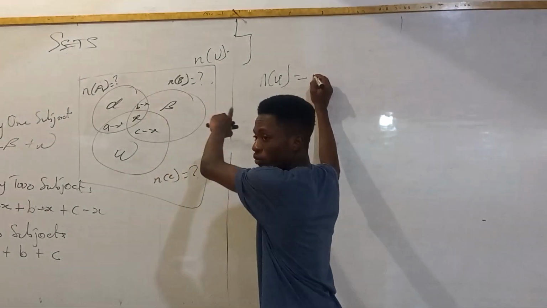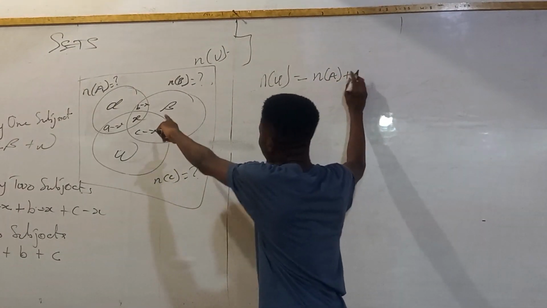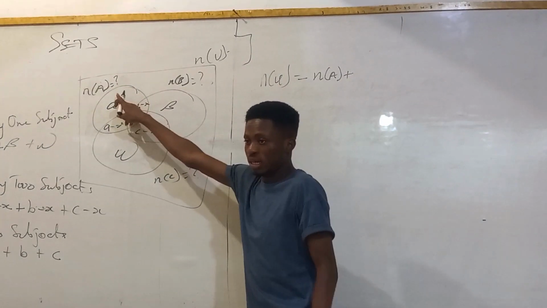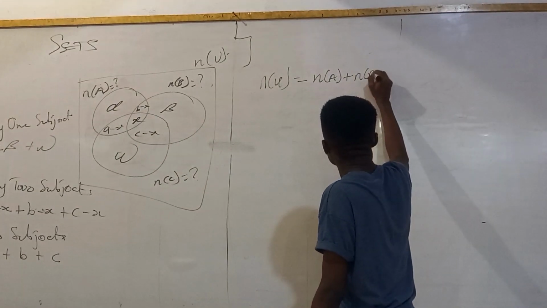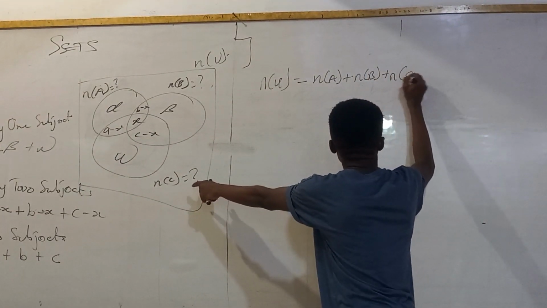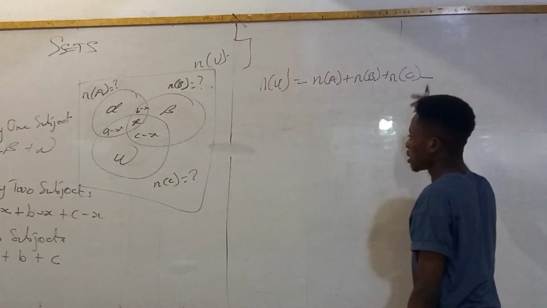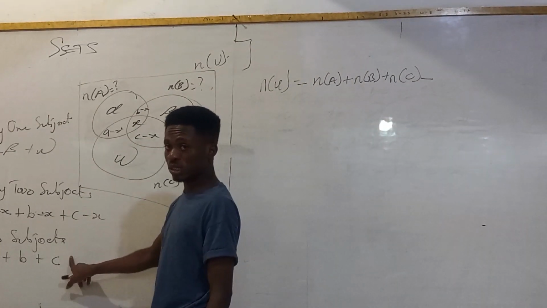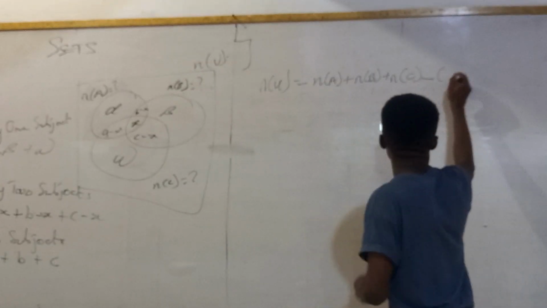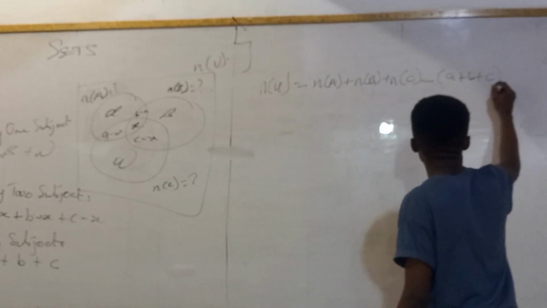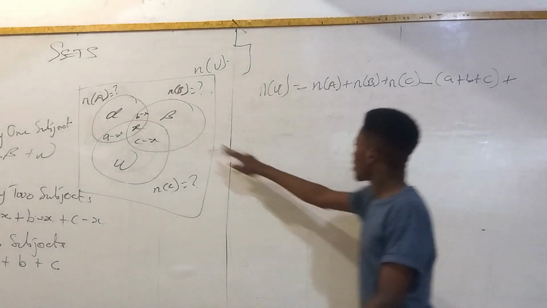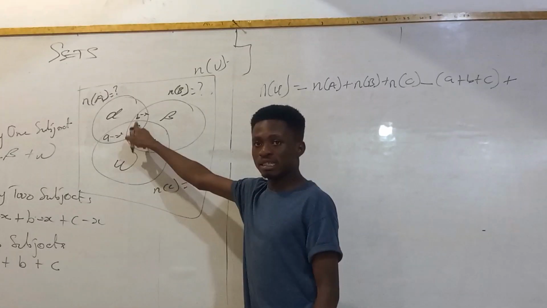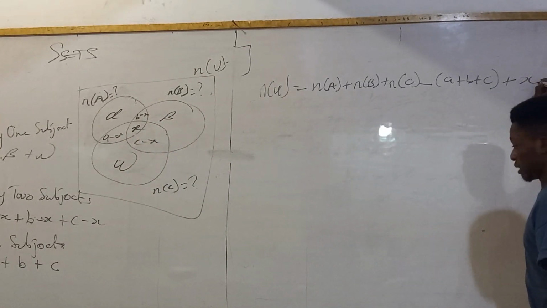So you add the 3 of them: the total number of A plus that of B plus that of C. Then you subtract the 2 subjects, not only 2 subjects, 2 subjects: A, B, C. Good. So A plus B plus C. Then you add the 3 subjects, the intersection of the 3 subjects, X. So you add the x.